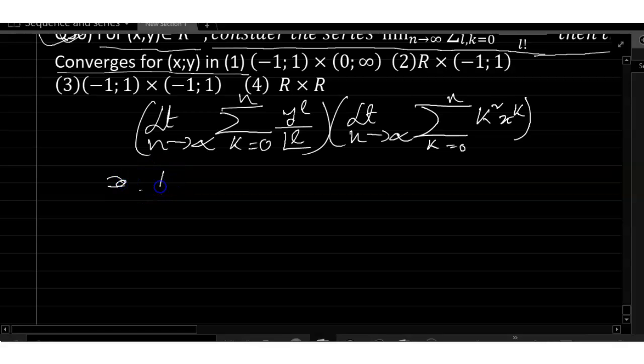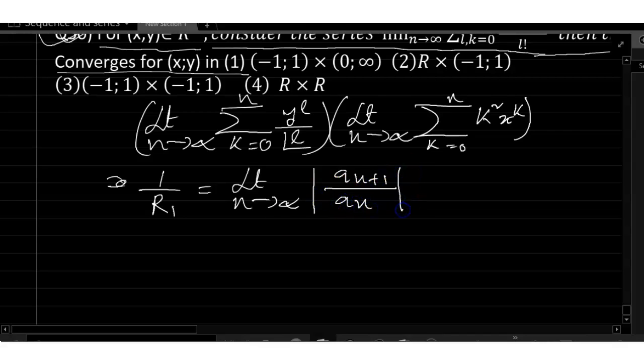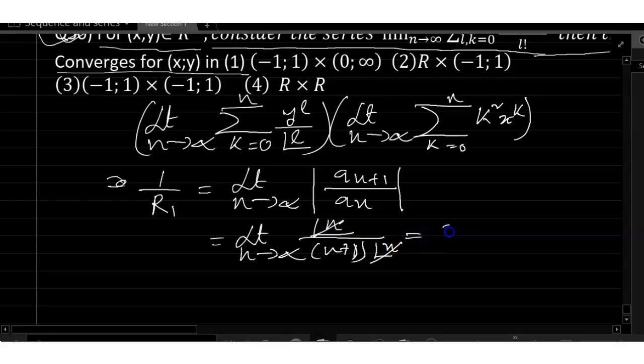Number 1 by R1 equals limit n tends to infinity of mod of a_(n+1) divided by a_n. So it can be written as limit n tends to infinity of n factorial divided by (n plus 1) into n factorial, that is cut. After that we get 0.